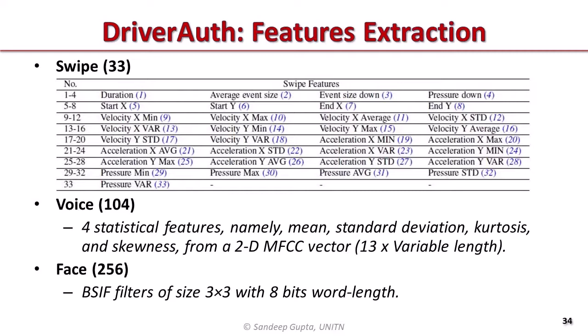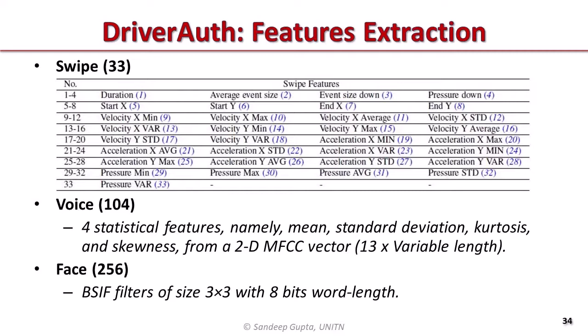From this voice signal, we calculated MFCCs, which is a 2D vector of size 13 cross number of coefficients of variable length. MEL frequency cepstral coefficients are analogous to filters of the vocal tract in the source filter model of speech. From each MFCC vector, we computed 4 statistical features, namely, mean, standard deviation, kurtosis, and skewness. So for one channel we get 52 features, thus, for both left and right channels, we get 104.